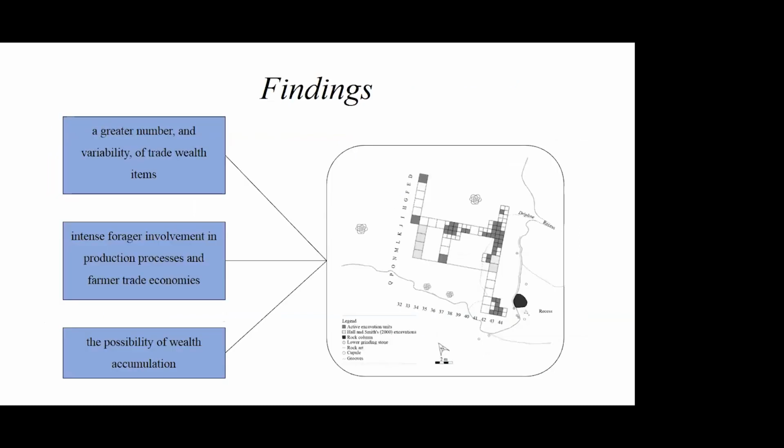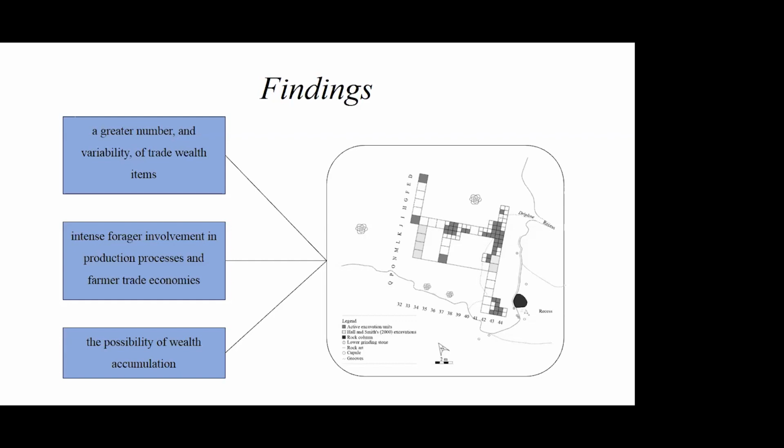Okay, so overall, our findings based on materials gathered from the active excavation units, as can be seen in the square on the right, revealed a greater number and variability of trade wealth items at Little Muck in relation to surrounding shelter sites.